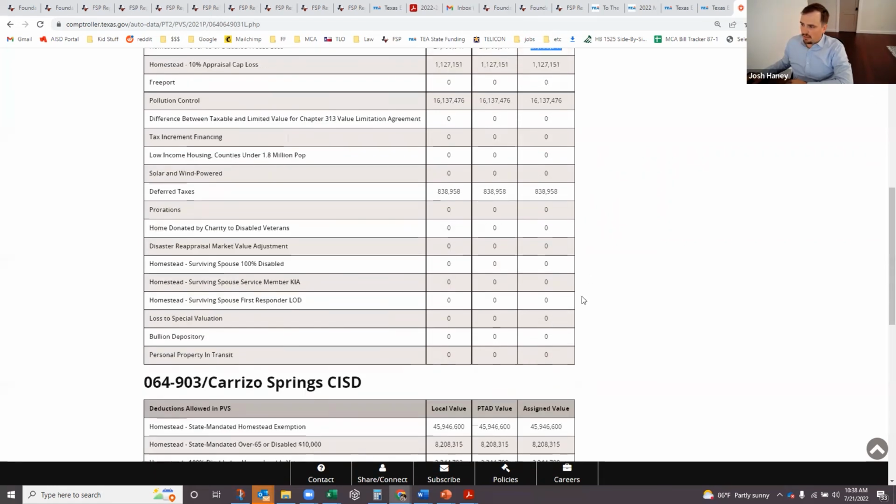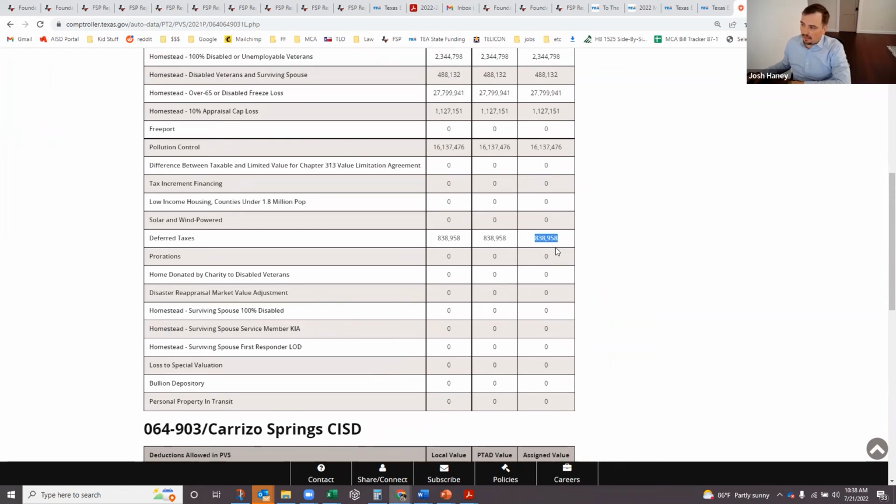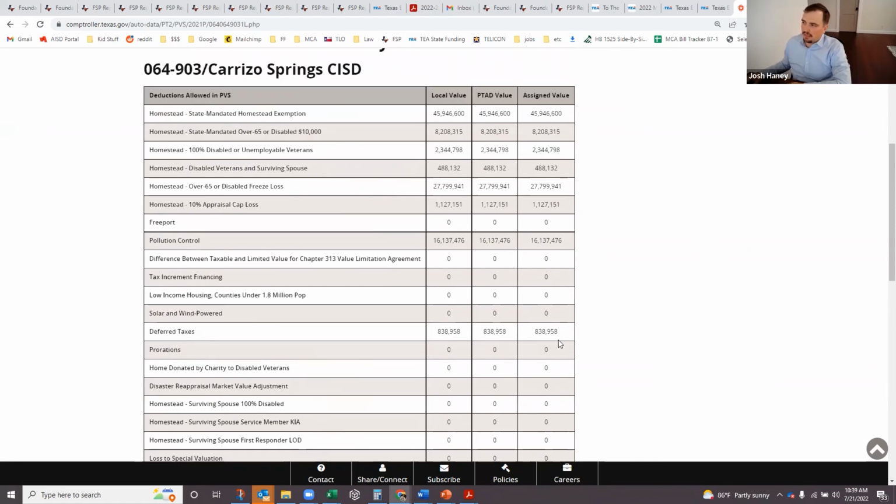One thing that's not on there is these deferred taxes. If you wanted to, you'd have to make another request of your assessor collector or your CAD to get a report and do a calculation to yield this number that the controller does.